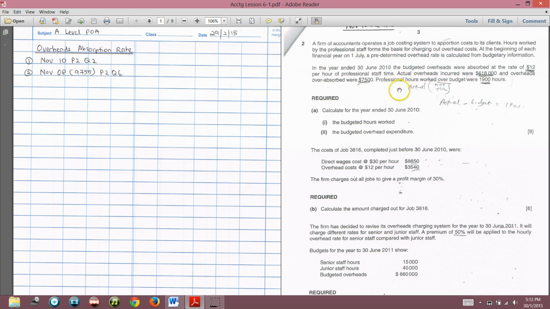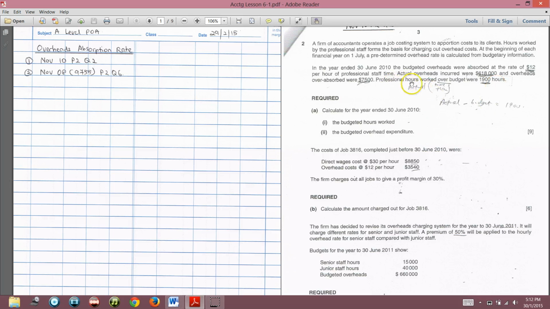So this one is a bit confusing, but we try to figure it out. Most of the students interpret it as professional hours worked more than budget, or professional hours worked exceeded budget by 1,009 hours.